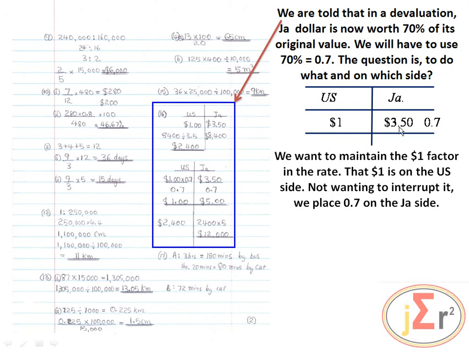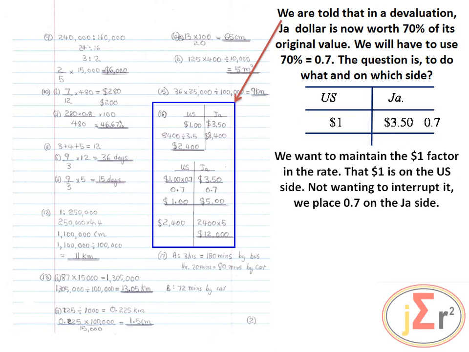so we get $3.50. Now that we are doing a devaluation, we want to maintain the value of 1 on the US side. Therefore, we will have to make use of the 0.7 on the Jamaican side, for sure. But what will we do with that 0.7?